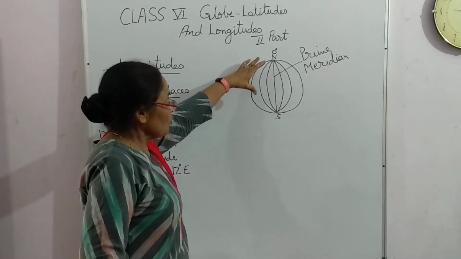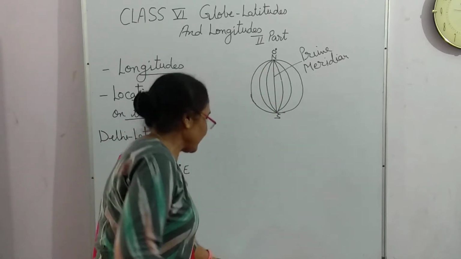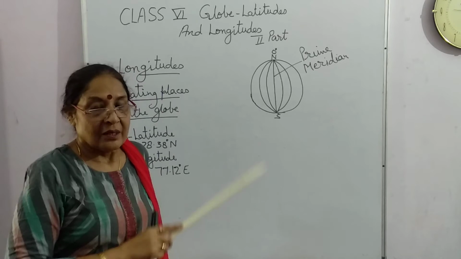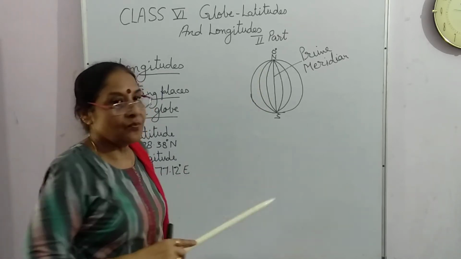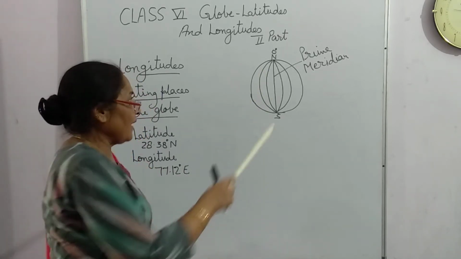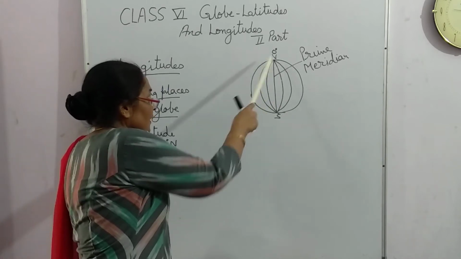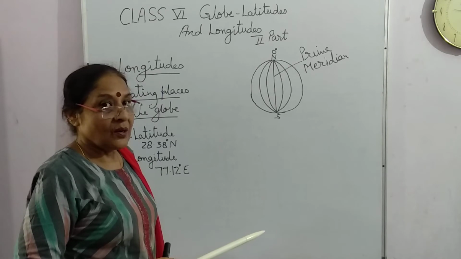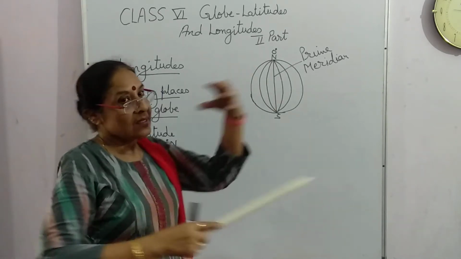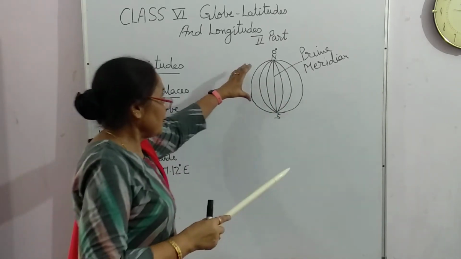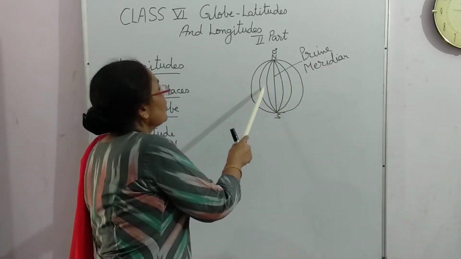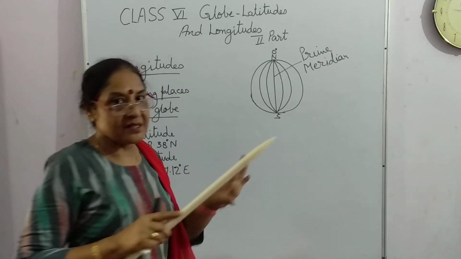All meridians run in the north to south direction, they are all of the same size, and they run in semicircles. Latitudes move in circular motion, but these lines move in semicircles, and the size of all these meridians is the same.